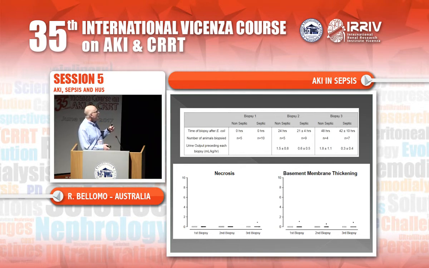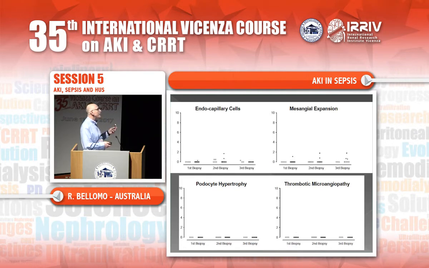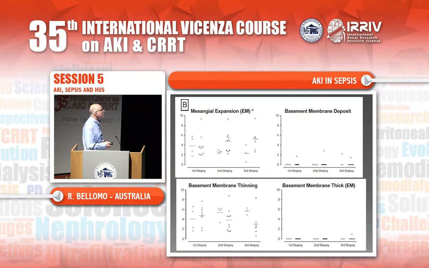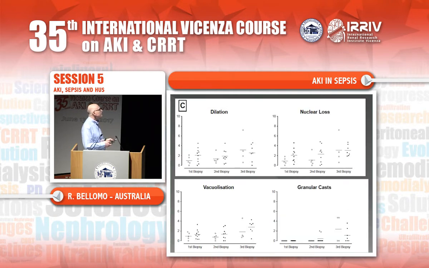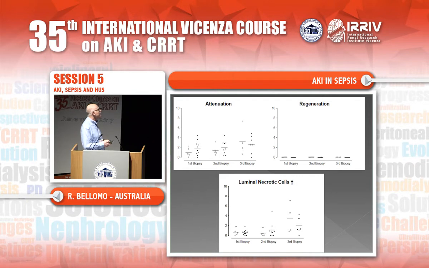This compares the biopsy findings in normal animals, versus animals that are mechanically ventilated and just kept there and biopsied in order to have a control population, versus the animals that are in gram-negative bacteremia, and there's no evidence of difference in necrosis, basement membrane, mesangial expansion, podocytes, thrombotic microangiopathy, basement membrane thinning, mesangial deposits, microvilli, and so on.